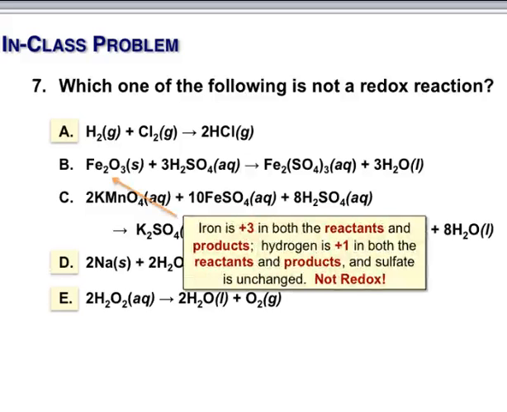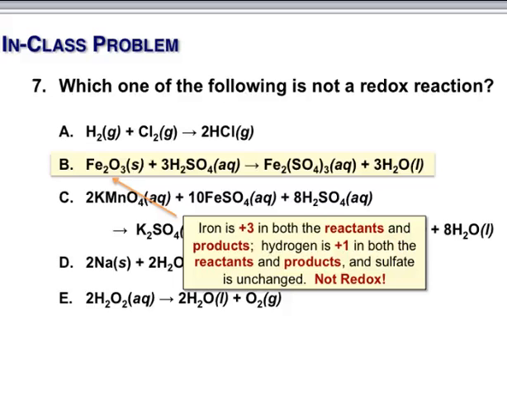We have 3 of them, that's 6 negatives. That means each iron must also be +3. Therefore, this is not a redox reaction, and it is the correct answer.